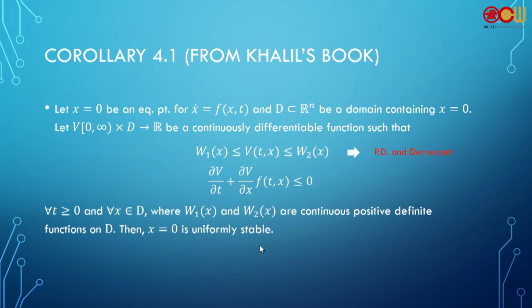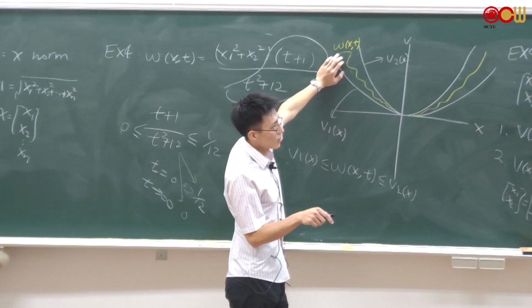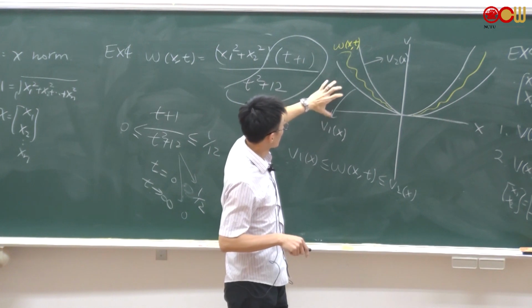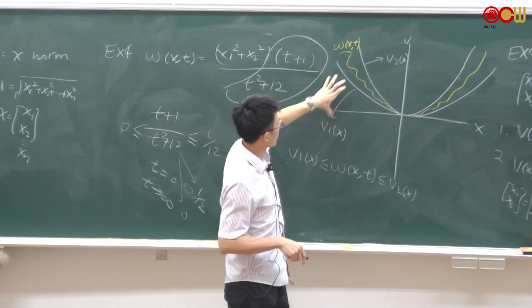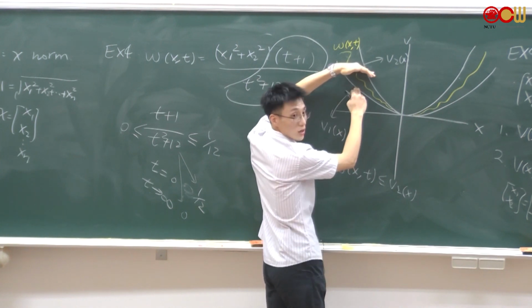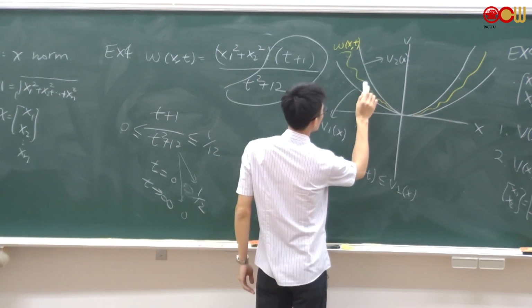Uniformly stable. Because this V is lower and upper bounded by some autonomous PD functions. If its time derivative is smaller or equal to 0, it guarantees a decay or non-increasing, right? So it's stable, uniformly stable, because it's lower and upper bounded by some range, given some x.